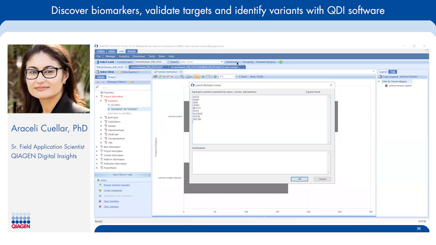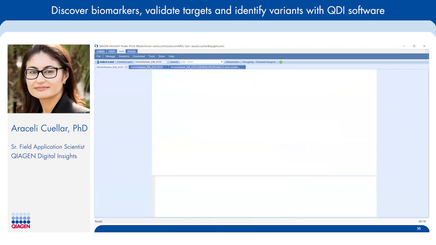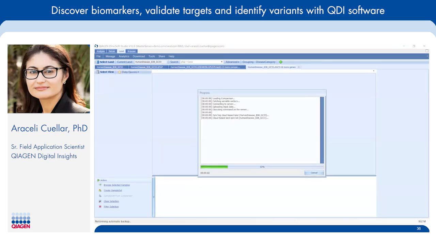So again, we went to the Advanced, clicked on Multiple Genes, and then typed in our genes. And so now we can go ahead and click OK. What this is going to do is search for the information for those multiple genes, only using the samples coming from our 2 projects of interest.